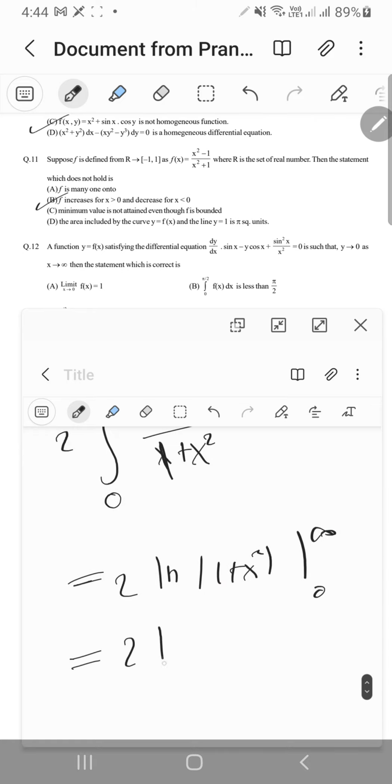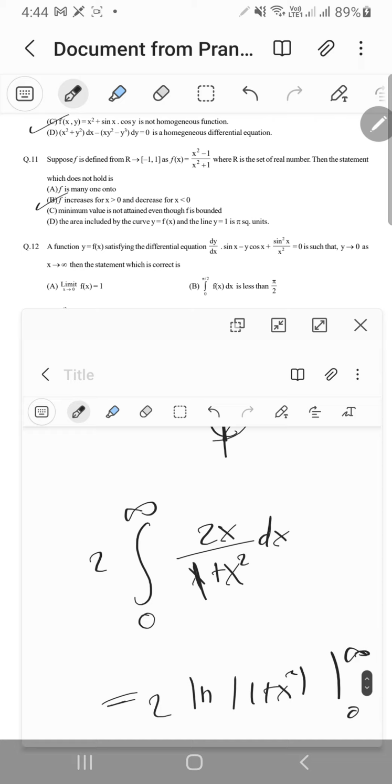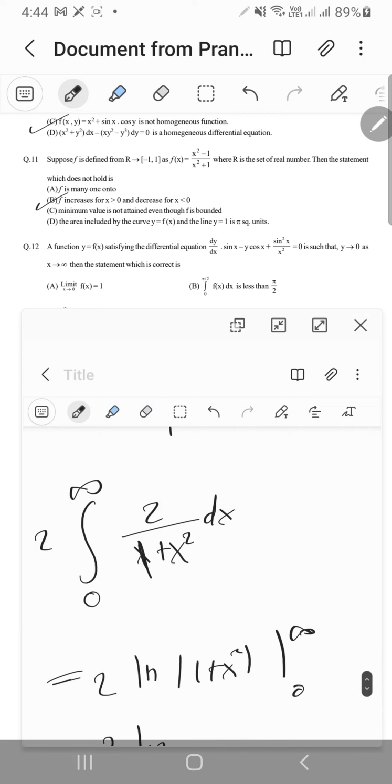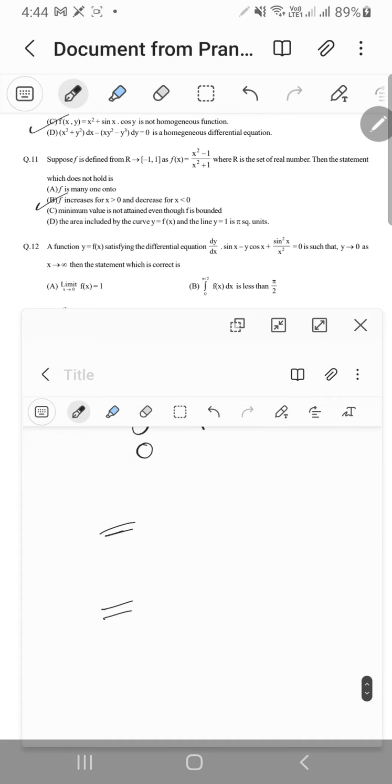This was not good, the area would be infinite. Why should this be pi square units? It is 2x upon 1 plus x squared. Sorry, it's 2 upon 1 plus x squared. Ah, right, of course. It's not 2x, so this was not the correct thing.